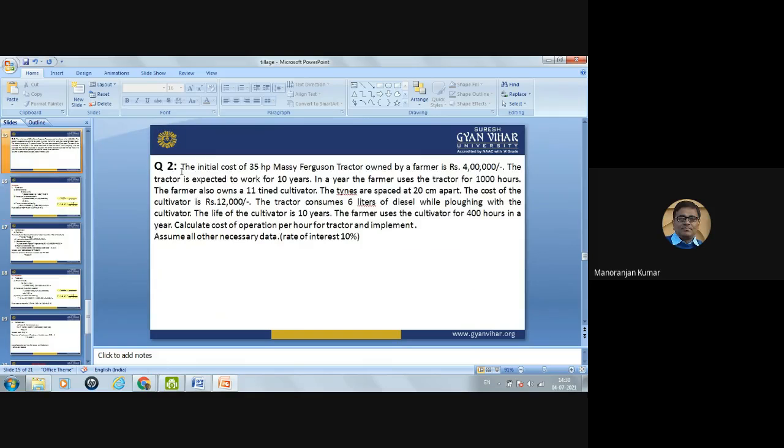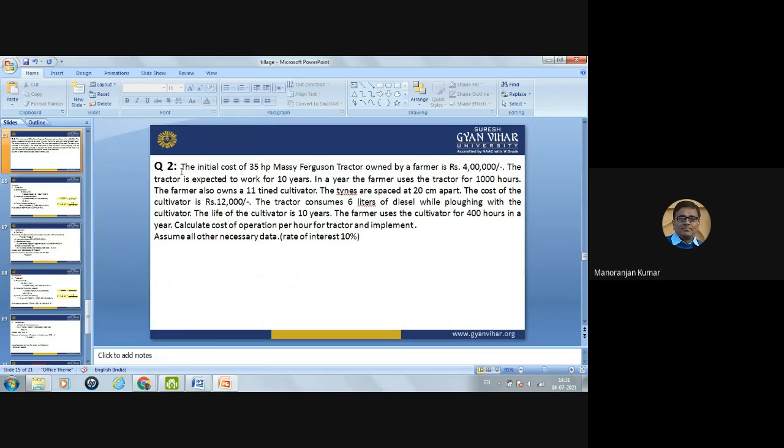So this is the other question you have to solve. The question is: the initial cost of a 35 HP Massey Ferguson tractor owned by a farmer is rupees 4 lakh. The tractor is expected to work for 10 years.